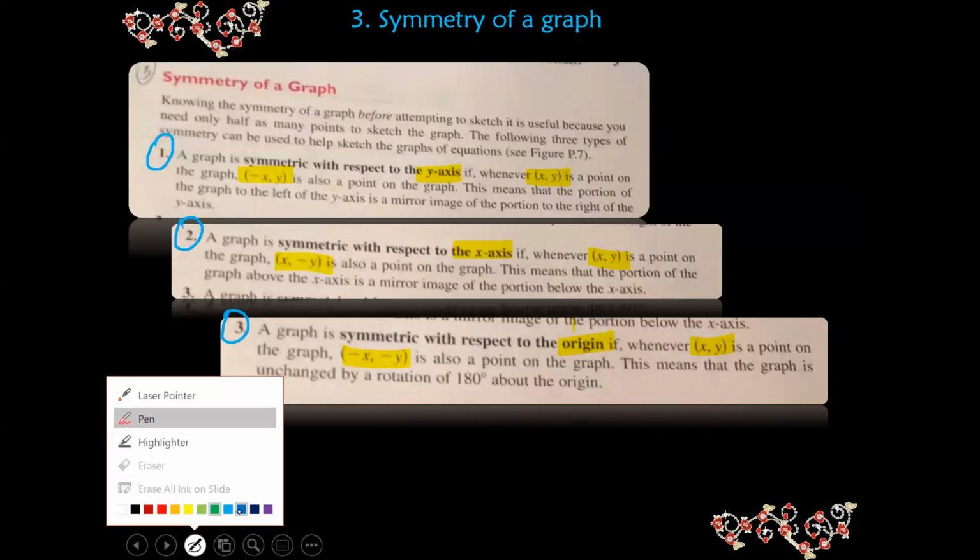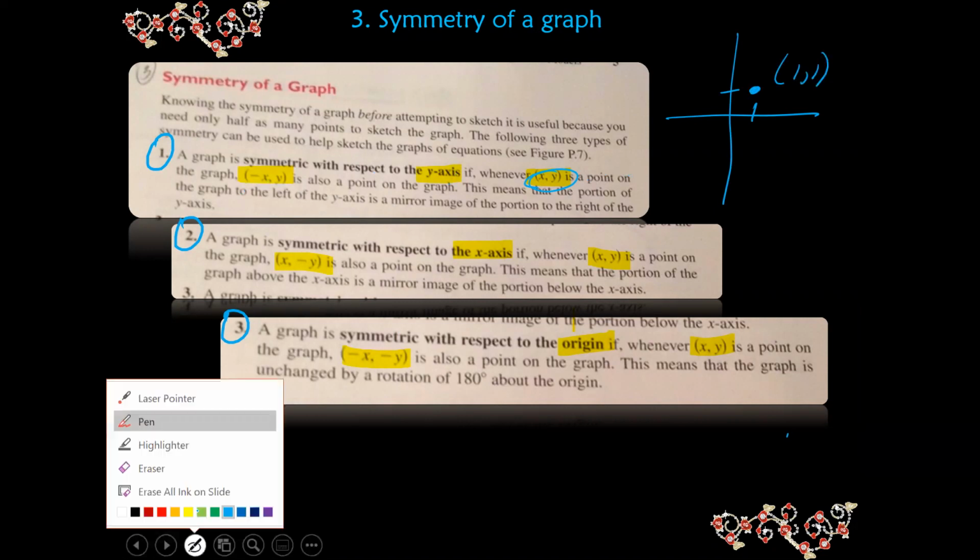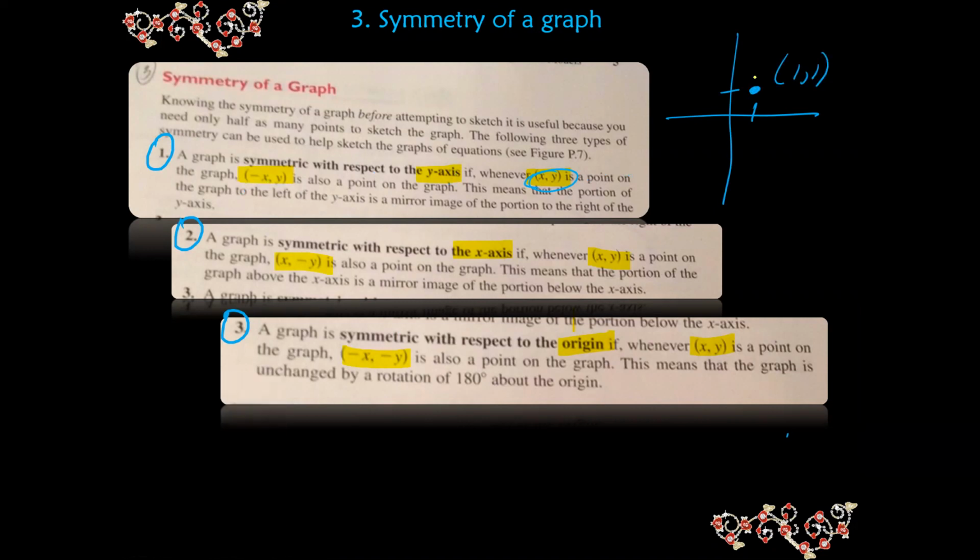All right, next thing we're going to talk about is symmetry, okay? So if something is symmetric with respect to the y-axis, (x, y) is a point on the graph as well as (negative x, y). And if you think about it, if I have a point at 1, 1, and I go ahead and reflect that over the y-axis, what changes on this point?